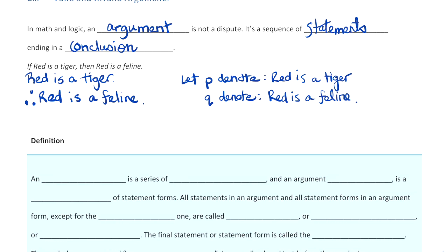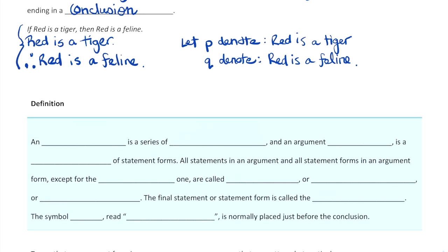So these three statements altogether are a valid argument form called modus ponens, which we'll learn about in moments. All right, so in this case, what did we have? We had if P, then Q, as line one. Then we said that P was true, and so we said, therefore, Q. All right, so keep that in mind.